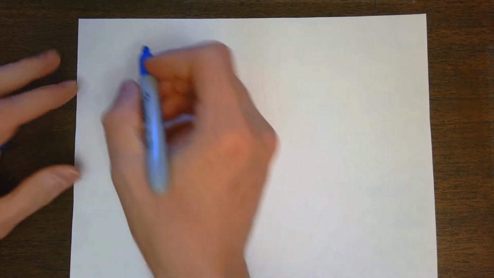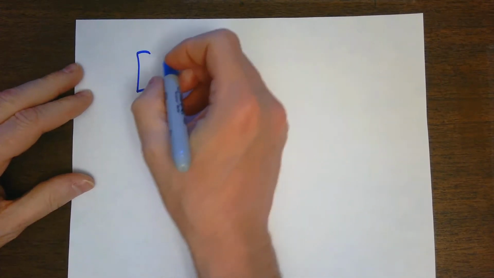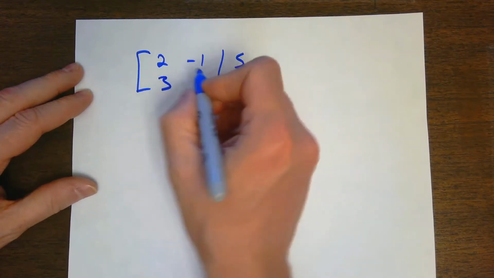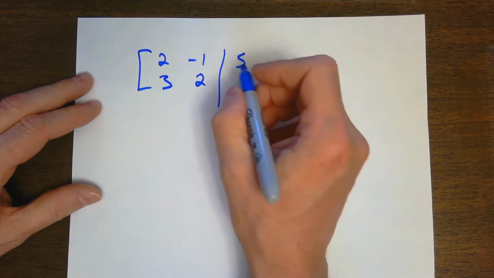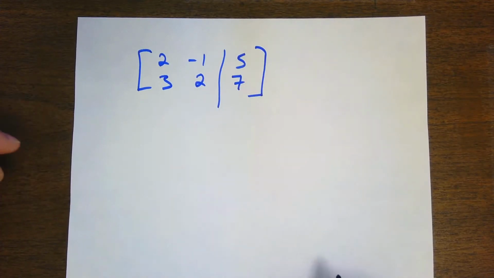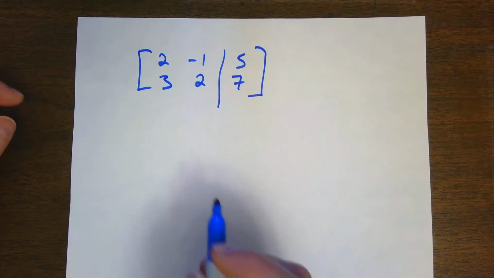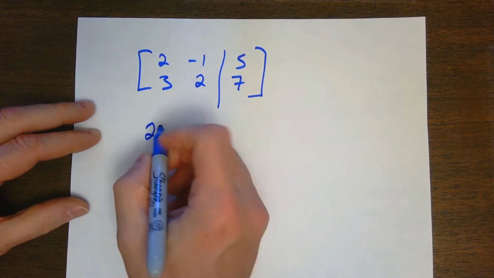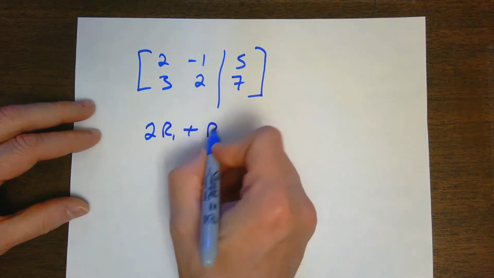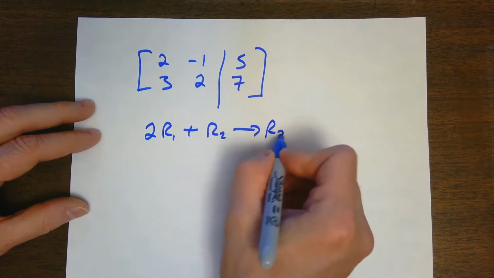All right. Let's take a look at doing some row operations here. Suppose I had the following matrix. 2, negative 1, 5, 3, 2, and 7. And what I want to do is I'm going to take 2 times row 1, add it to row 2, and put it in for row 2.